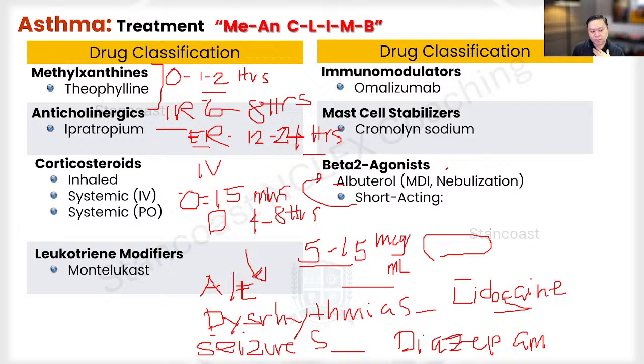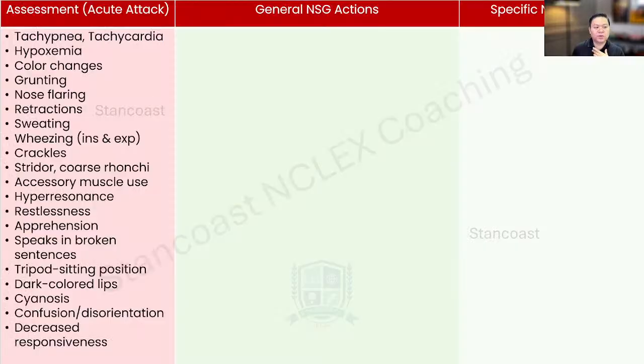Let's move back to the discussion here. In this slide, you will see the different manifestations that you might encounter in a patient with an acute asthma attack. The patient may have tachycardia, tachypnea, hypoxemia, color changes, cyanosis. That's not good.